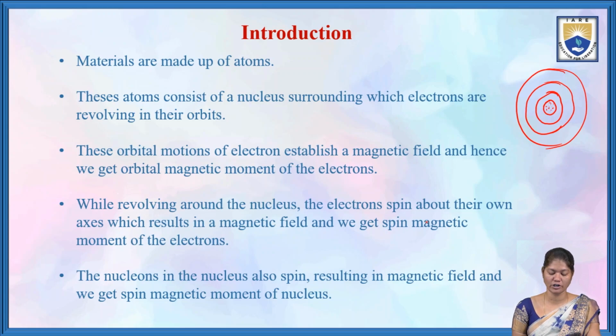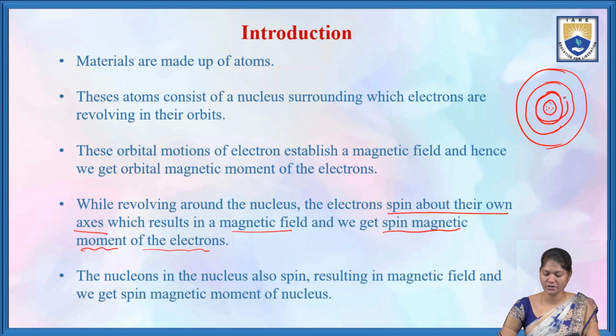Along with the orbital motion, the electrons spin about their own axis, which results in a magnetic field, and we get a spin magnetic moment of electrons.